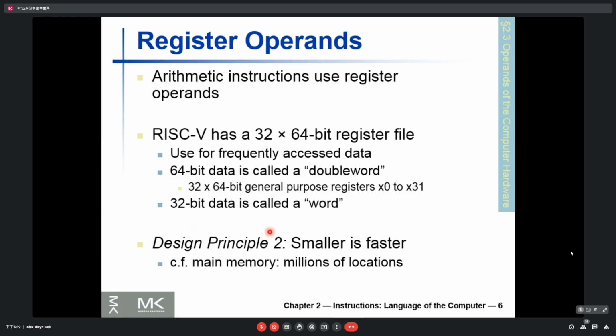And design principle 2, smaller is faster. Okay, probably you don't understand that right now, but the idea is when processors are running, it needs data. 就是处理器在跑的时候，它需要资料。So where are the data for the processor to run? If I want to add A plus B, I need to have A and B first, right? So where are they? A 和 B 它们在哪里呢？They're in memory, right?